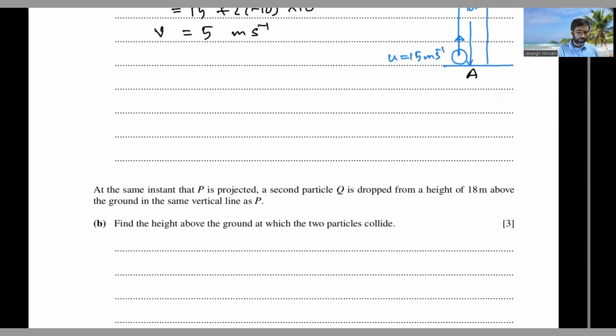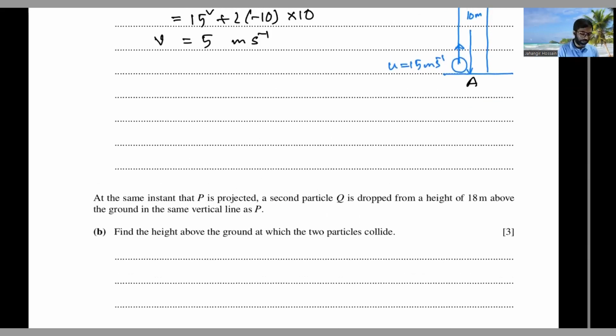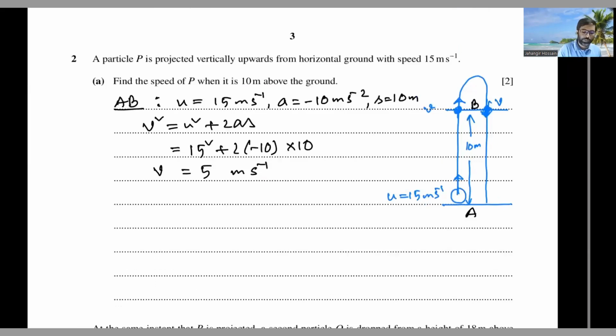Now, let's move on to the next part. At the same instant, a second particle Q is dropped from a height of 18 meters above the ground, in the same vertical line as P. Find the height above the ground at which the two particles collide. Remember, we are dropping this particle at the same instant P is projected.